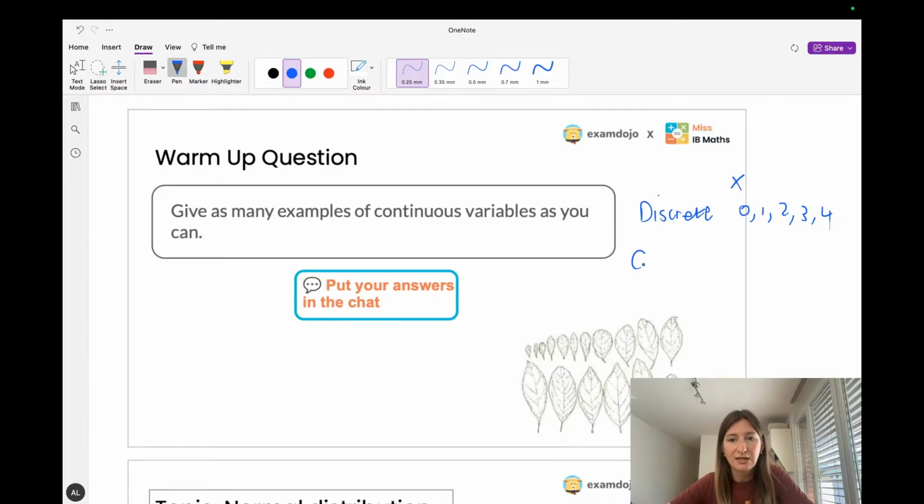Whereas continuous data, and this is going to be the big difference between continuous variables and discrete variables, is any range of values between minus infinity, even negative, and positive infinity. So 0.22225, 5.167. That number is stuck in my head all the time. So here we have the sizes of leaves, which are actually normally distributed.